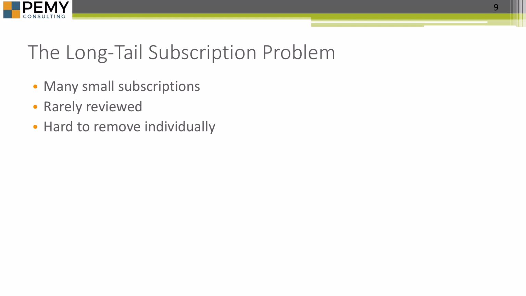By long-tail subscriptions, I mean the dozens or hundreds of small, low-cost tools that are individually easy to justify, rarely reviewed, and almost impossible to eliminate one by one, but which collectively form a permanent cost floor. Each one feels insignificant, but collectively they keep totals elevated.